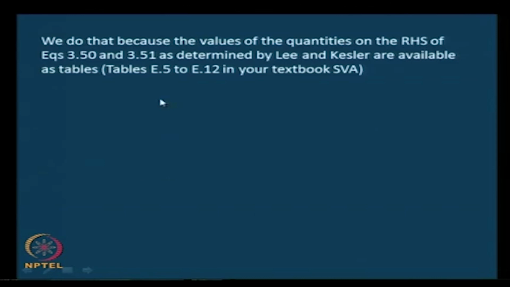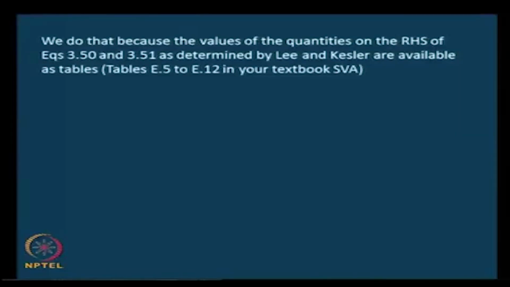We essentially did this because the quantities on the right hand side, something in terms of HR0 by RTC and HR1 by RTC and so on, these values are actually available to us. So in order to use these values, we have formulated something for our quantities in terms of the available values.